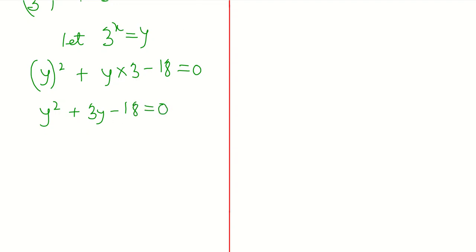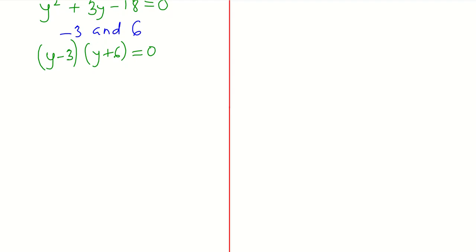So we have to multiply the coefficient of y squared by the constant term minus 18. Factors of minus 18 that when we add we get 3, and when we multiply we get minus 18, are minus 3 and positive 6. Good. So we can write our roots as y minus 3 and y plus 6, which is equal to 0.